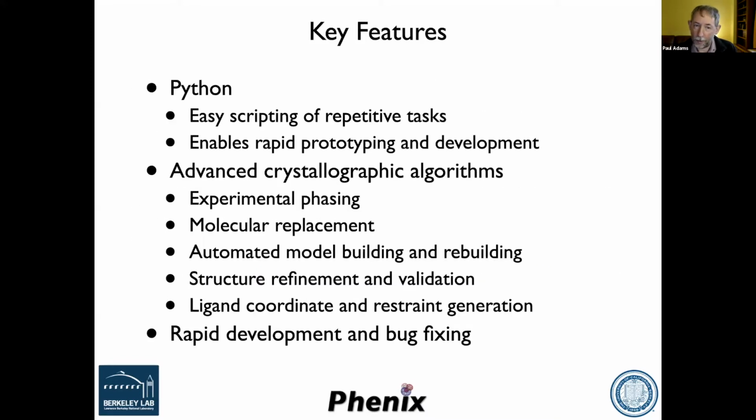Python is a key thing, and it makes it possible for us to rapidly develop software. There are a lot of crystallographic algorithms, which we're not going to talk about, but we'll get to in a later workshop. And because of things like Python, we can really develop and fix things in PHENIX quite quickly.